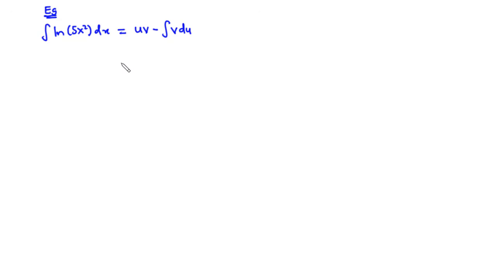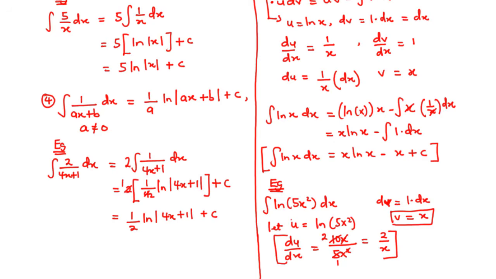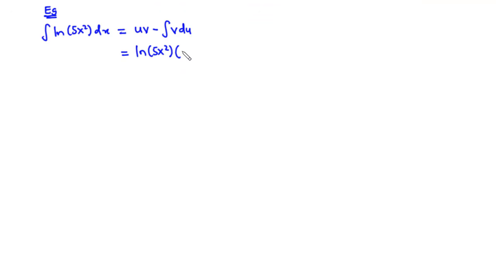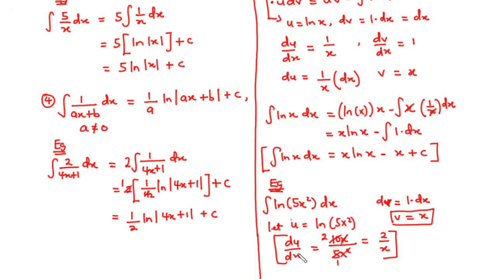So basically, we have u to be ln of 5x squared. So that becomes ln of 5x squared times v. Now v was equal to x. So v equals x minus the integral of v, which is x, times du. Now we have du/dx to be 2 over x. Therefore, du will be equal to 2 over x times dx.